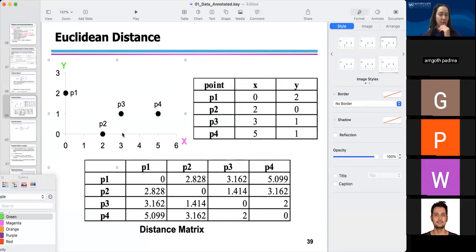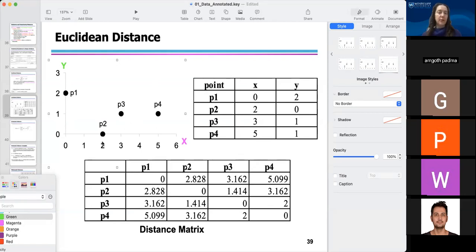Same situation for y. The value of y for point 2 is 0. The value of y for point 3 is 1. So they only have 1 unit difference in both the x and the y values. So those are close. These 2 points are the closest to each other from any other points on the plot.